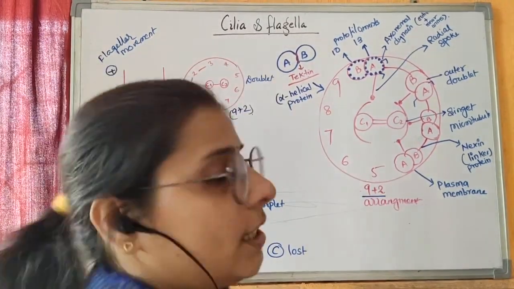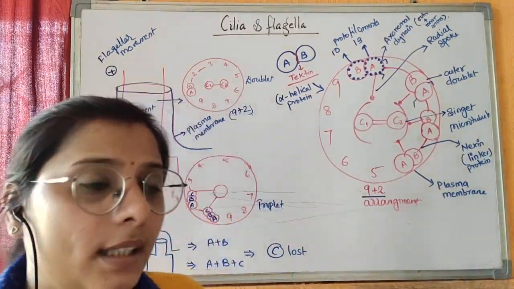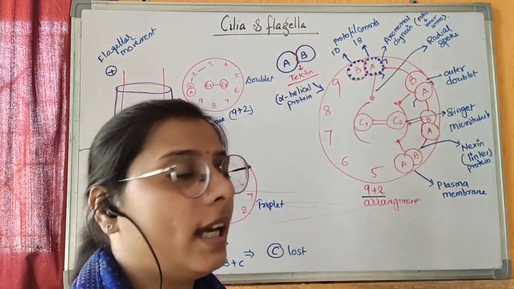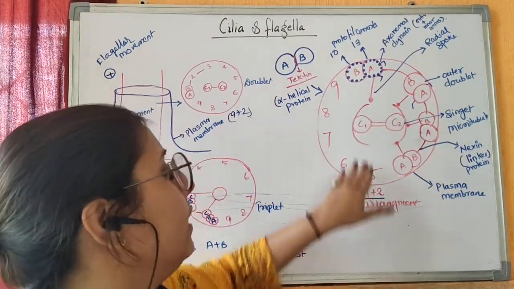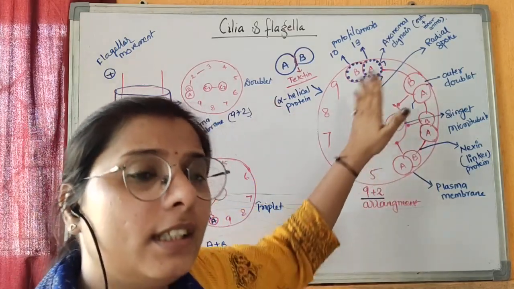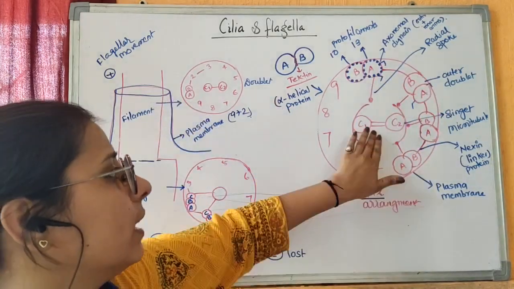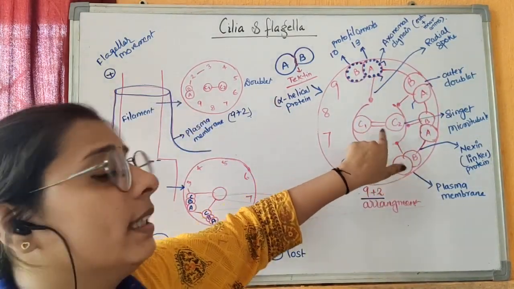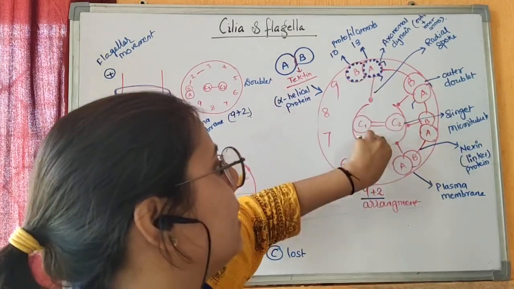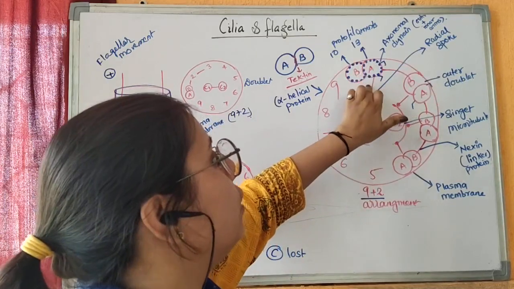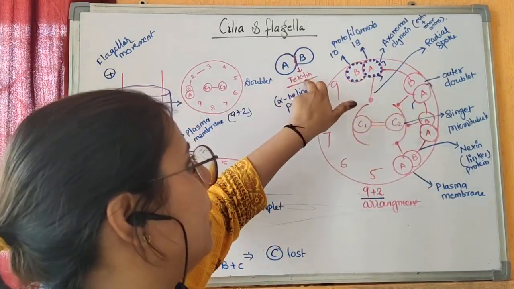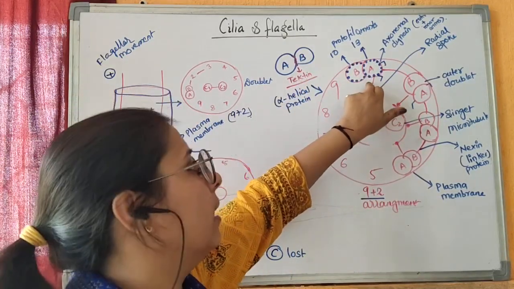Now the basic structure of the doublet of the filament. This doublet structure has a 9+2 arrangement, where 9 doublets are arranged serially in a circular way and the 2 singlet microtubules are in the central part. The doublets and the singlets are attached together by radial spokes, while the doublets are attached to each other by tektin protein.